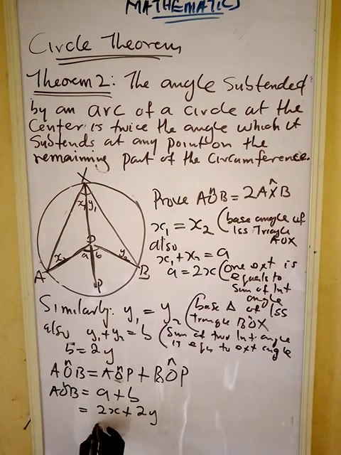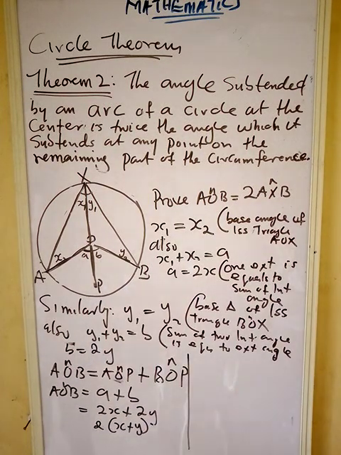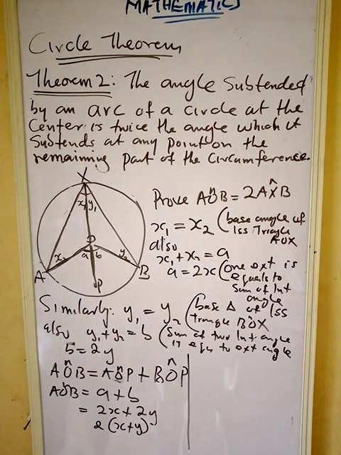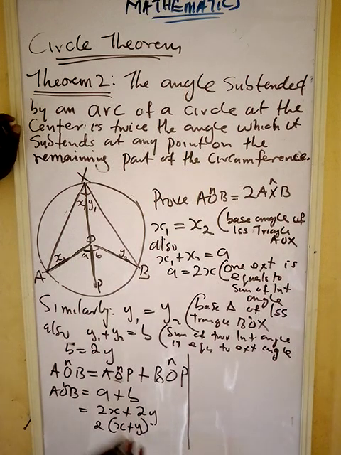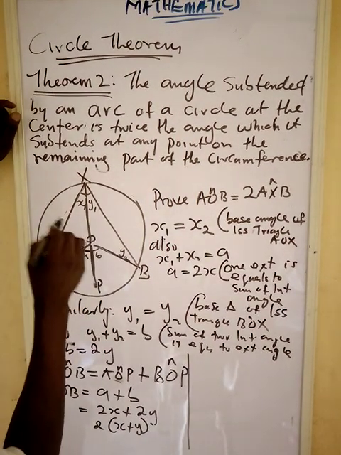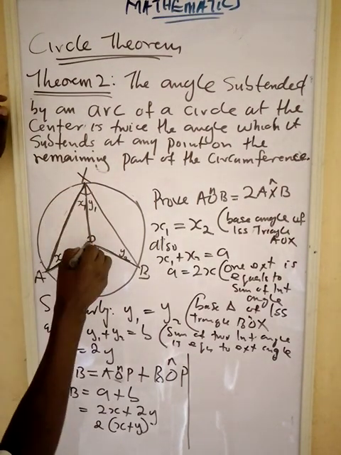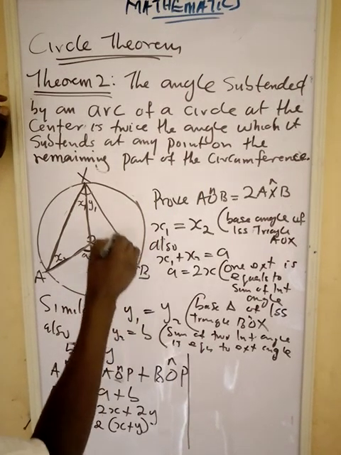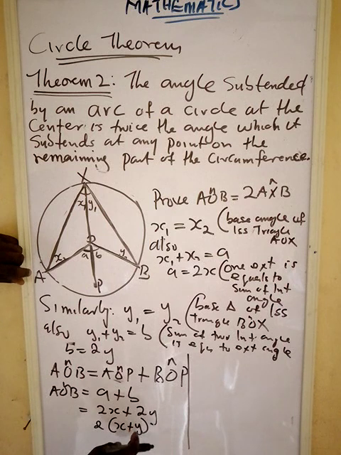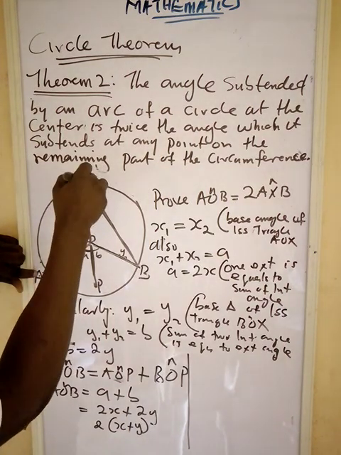So what is common here? We have 2 in the bracket of x plus y. Now let us go back to this circle. Our x and y, they are within which angle? This angle, here, here, here, and here. So our x plus y is angle AXB.